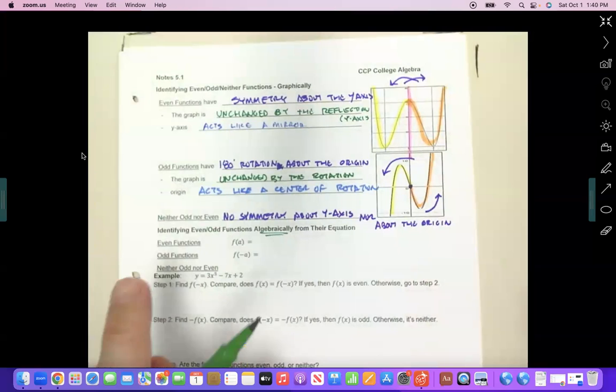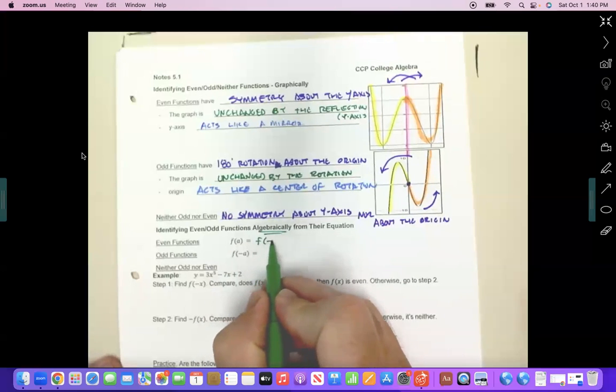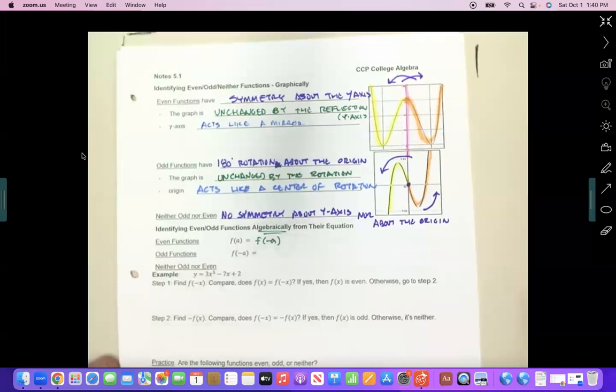The definition of an even function is if I enter in a value a into the function and I take the opposite of a and enter it in the function, I'll get the exact same thing.